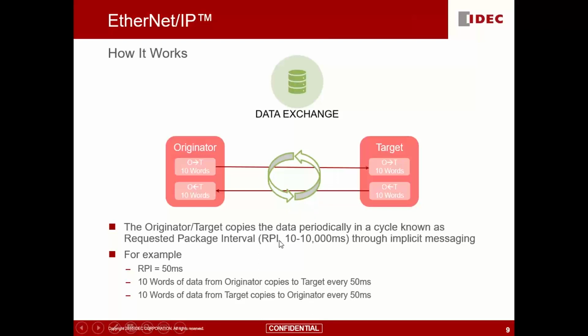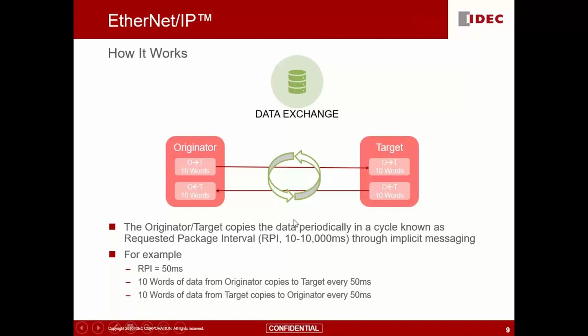We call this an RPI, which stands for Requested Packet Interval. For example, if I set my RPI to 50 milliseconds and I want to send 10 words of data from the originator, which is right here, to your target, and then the other way around, sending information from the target to the originator, then at every 50 milliseconds your data will be sent to the originator and target.